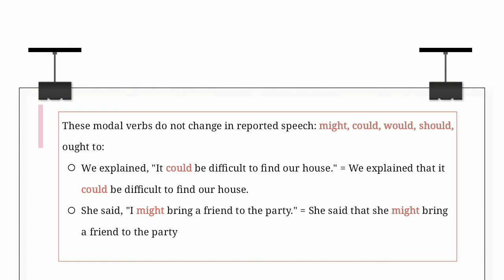And the second example is "She said, 'I might bring a friend to the party'" became "She said that she might bring a friend to the party." So these modal verbs don't change; they are still the same in reported speech, or indirect speech.